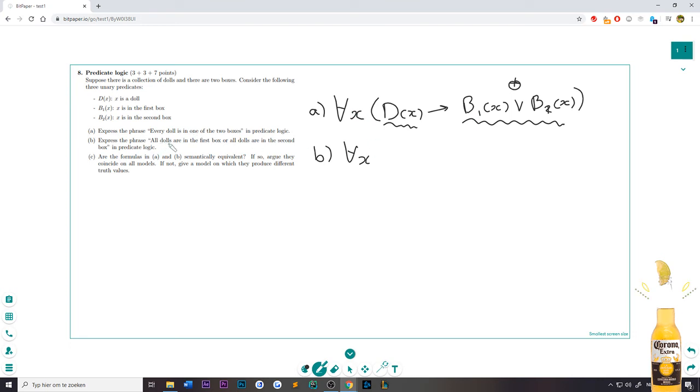So for the second one, all dolls are in the first box. So for all x, if they are a doll, they are in box 1. Or for all x, if they are a doll, they're in box 2.